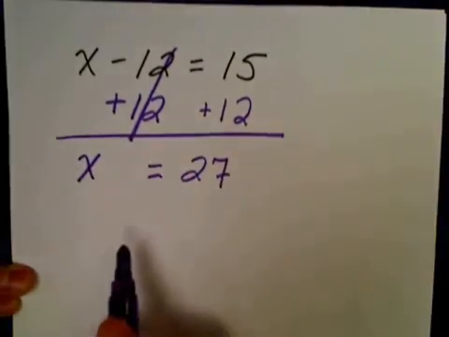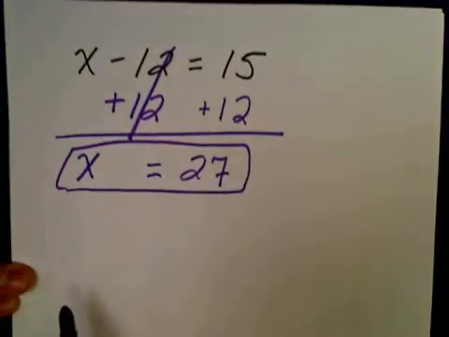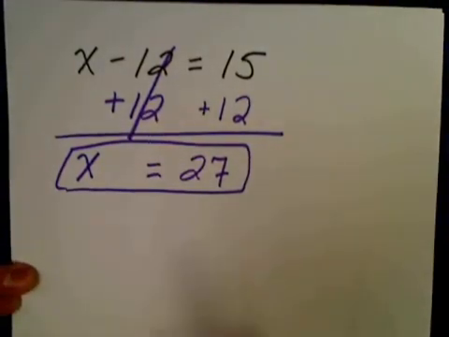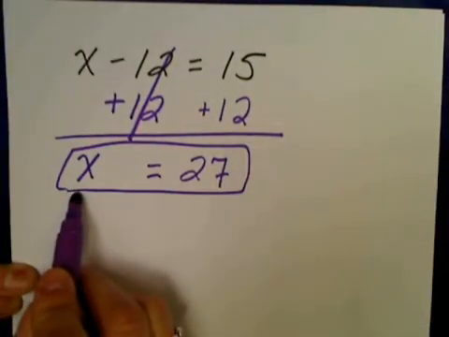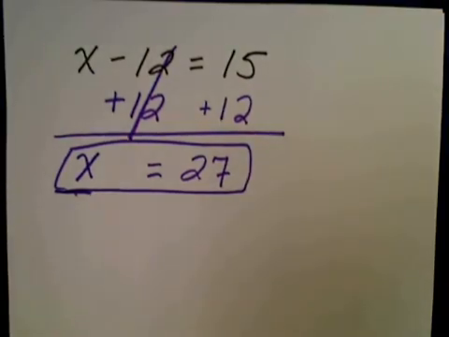Your answer is still an equation, x equals 27. Because you started with an equation, your answer will be the same. That's for a couple of reasons. To keep it similar, and it identifies my unknown, x, in case we have other letters involved. So x equals 27. That's an example of solving just a one-step problem.